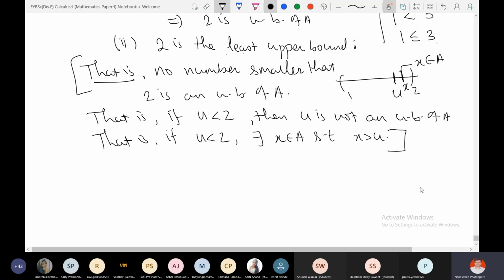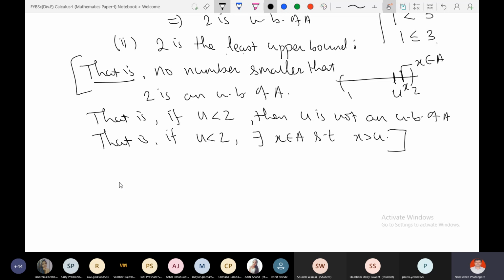So how to start now? You prove that 2 is the least upper bound. Logically, the idea should be clear. We will consider a U less than 2. Very good. First of all, choose any number, no matter what. Just close your eyes and choose a number smaller than 2, not any special element.